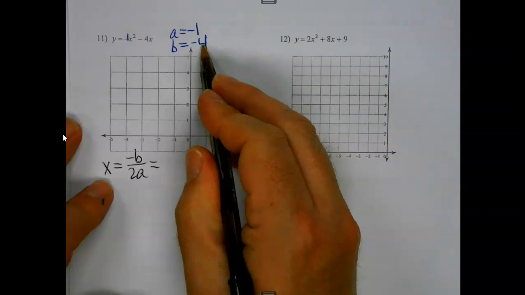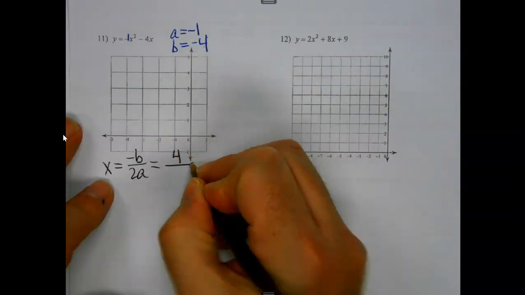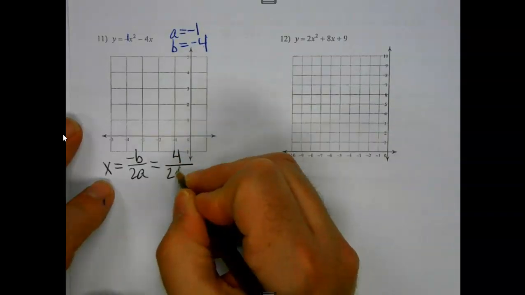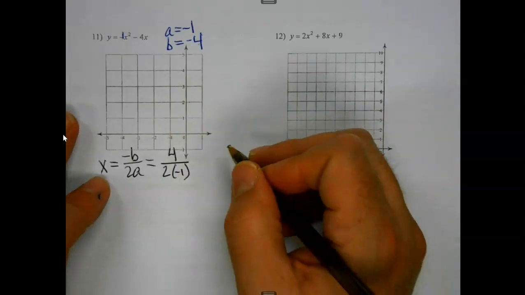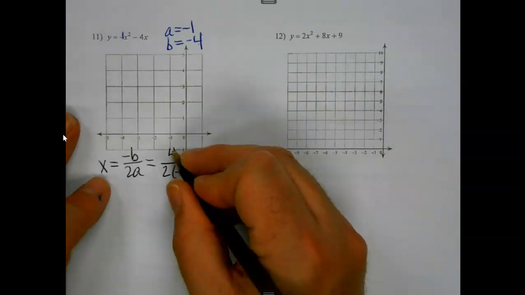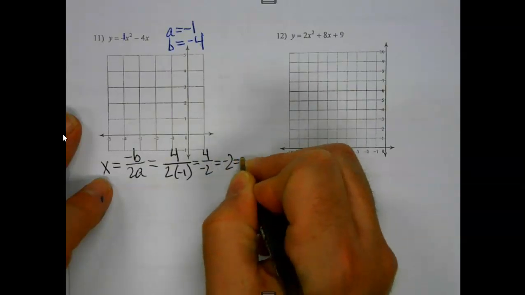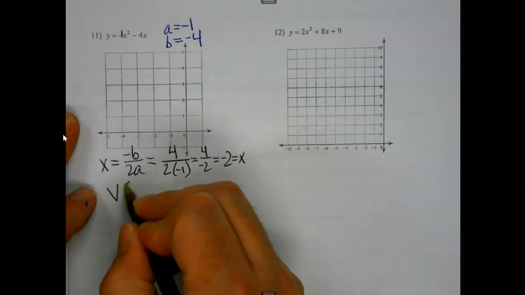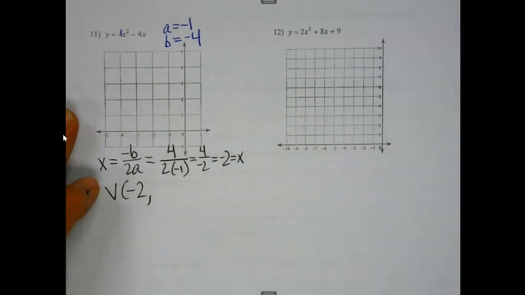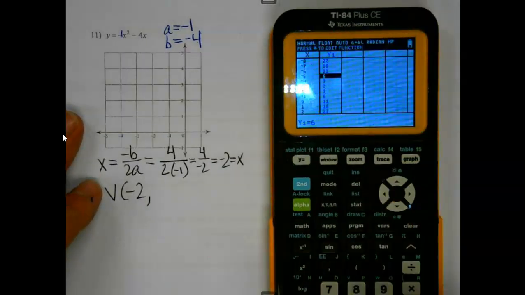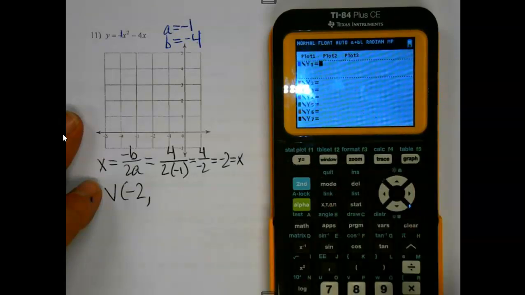So the opposite of negative 4 is positive 4 over 2 times negative 1. So 4 divided by negative 2 is negative 2. That should have me well on my way to getting my vertex.